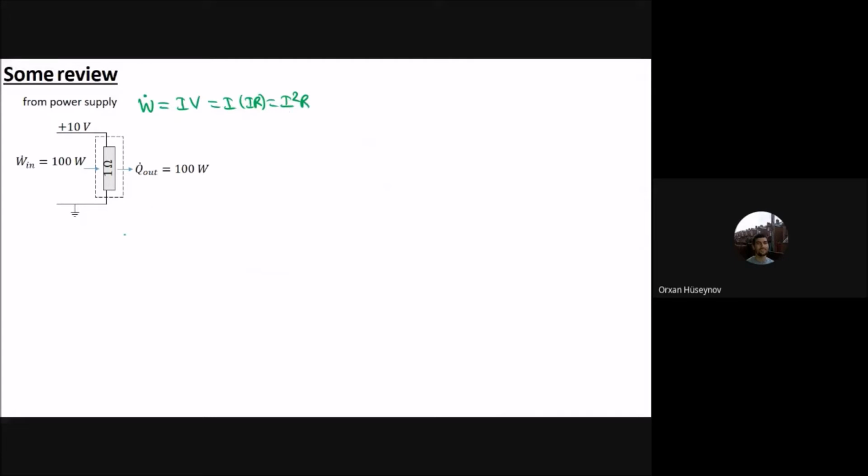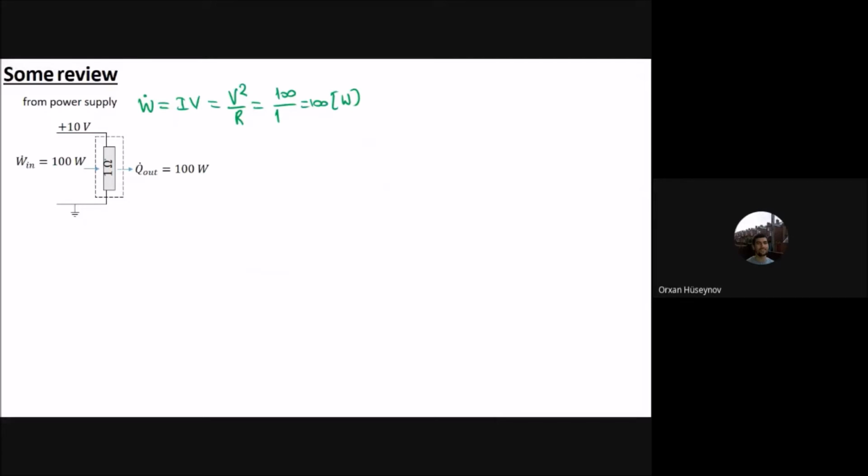Sorry, I should do the opposite here, because the voltage is known instead of the current. Instead of the current, I can write the voltage divided by resistance, and therefore you have one more voltage here: voltage squared divided by the resistance. We have 100 volts squared and 1 ohm, and therefore 100 watts. This is the power supplied to a system here.